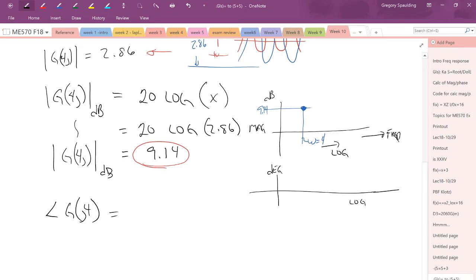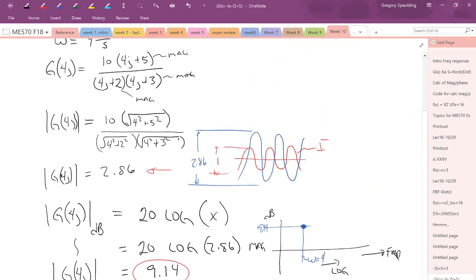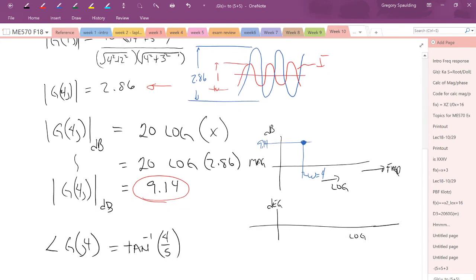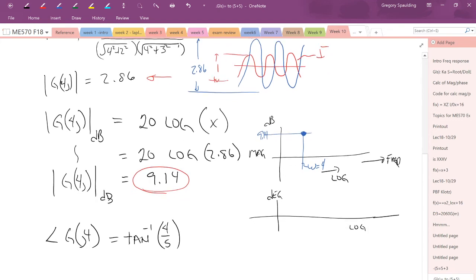In this case, the angle for the zero can be represented by the arctangent of 4/5. This is our vertical over our horizontal, however you want to think about it. It's just some simple trig in there. We're just calculating the angle of our complex vector.